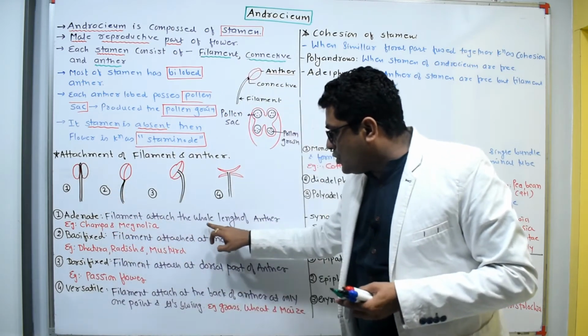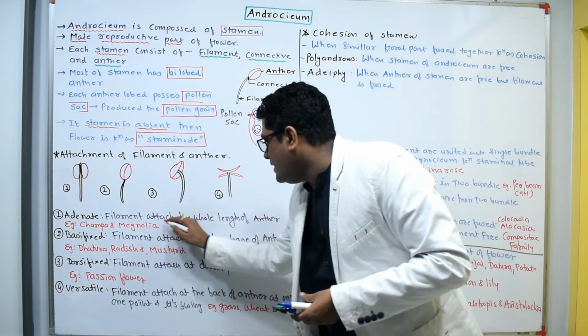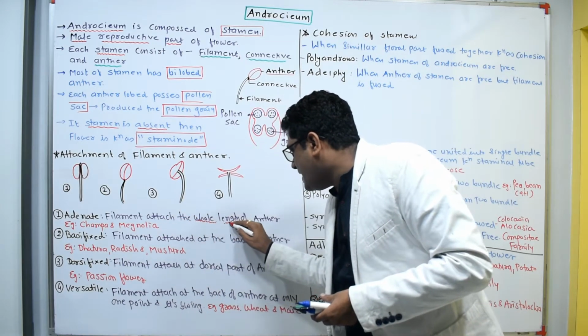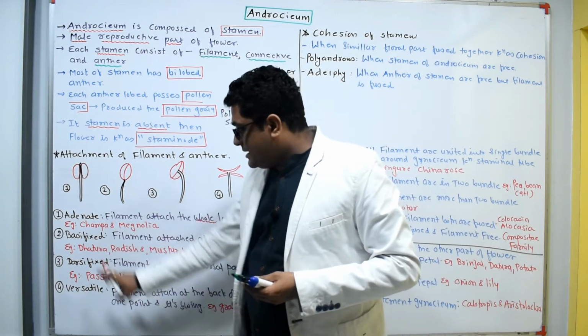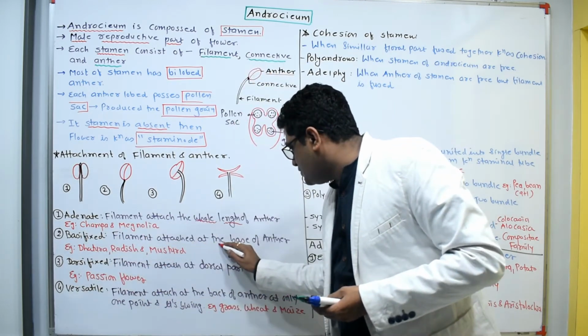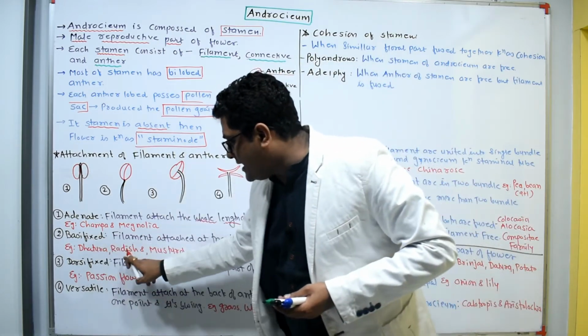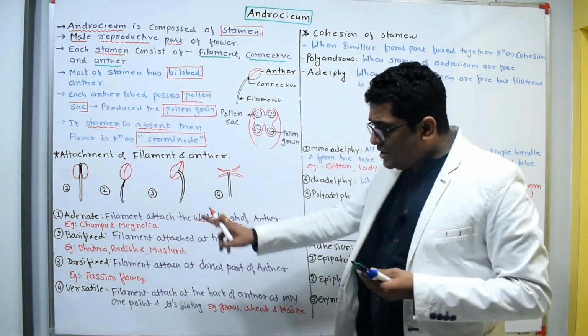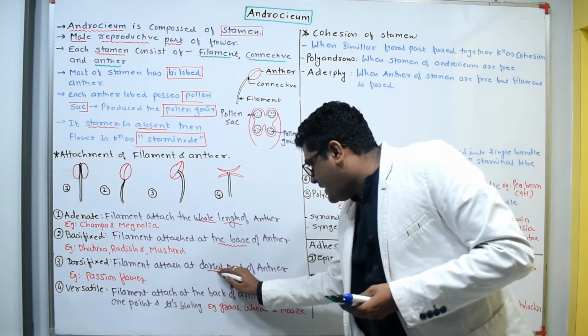Dorsifixed: the filament is attached at the dorsal part of the anther, found in passion flower. In versatile, the filament is attached at the back at only one point, and the anther swings, it keeps moving. That is found in grass, wheat and maize. So this is the attachment of the filament and the anther.